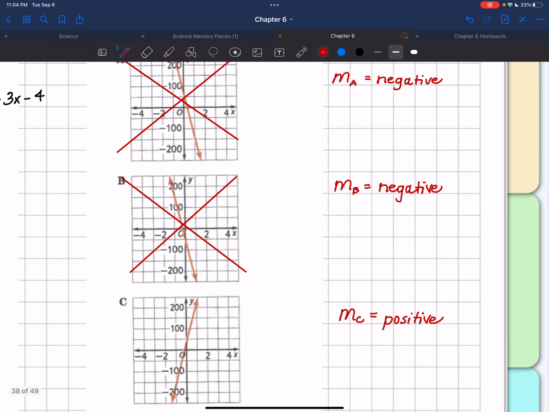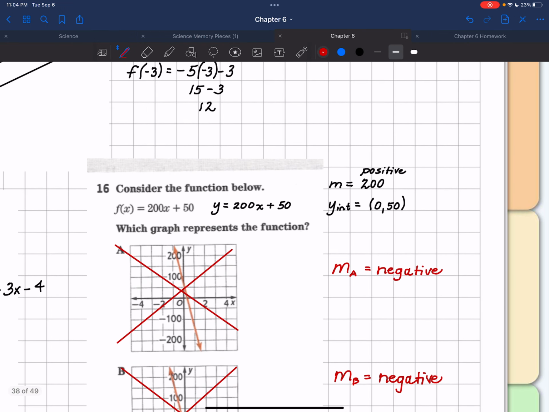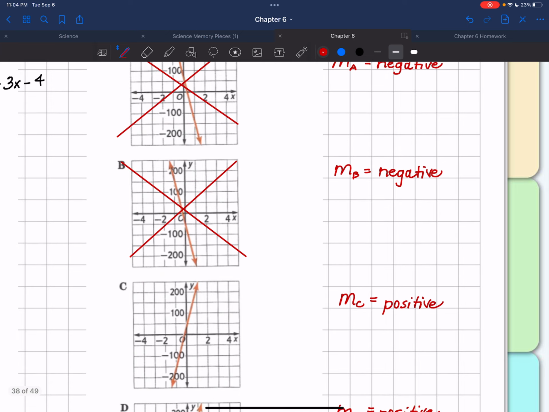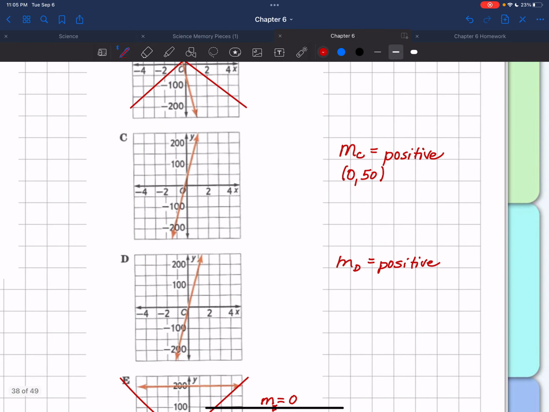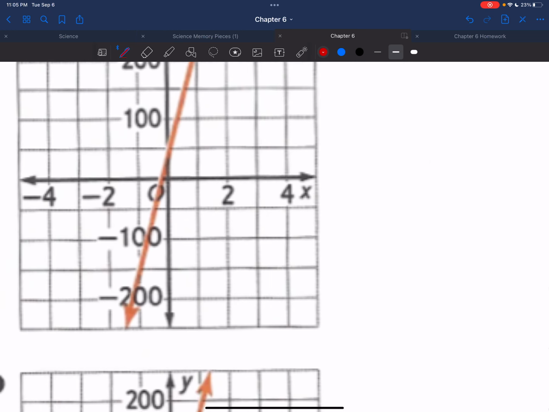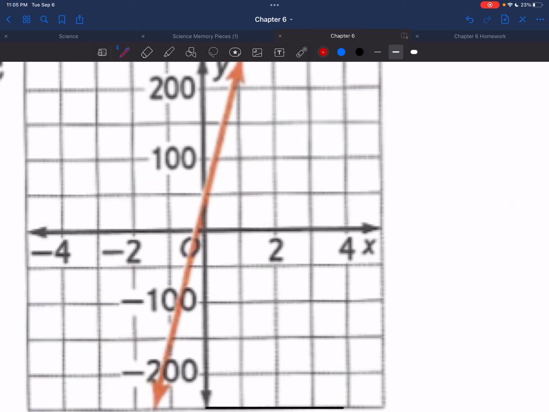All right. Now, let's go after that y-intercept. We have two possibilities. I'm looking for 0, 50. So let me zoom in here. This one looks promising. Every line on this thing is 50.